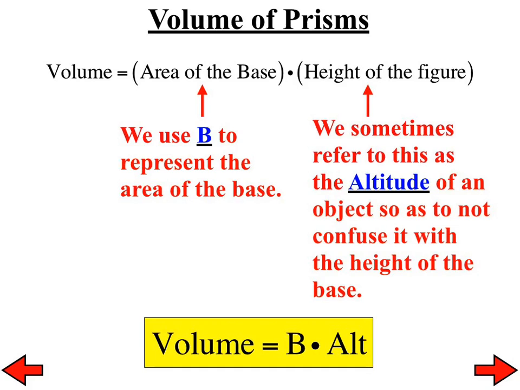So when we put that together, we have this formula for the volume of any prism. Capital B, and you should be writing that down, times the altitude. What that means is the area of the base times the altitude. The area of the base times how tall the figure is. That's what we should be thinking about when we're finding the volume of any prism.